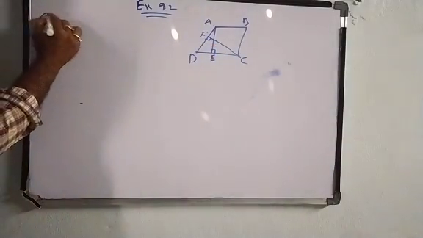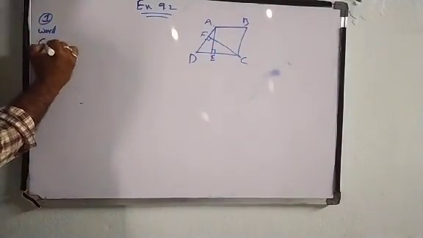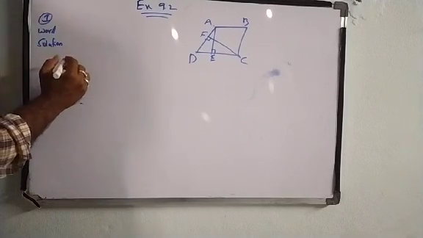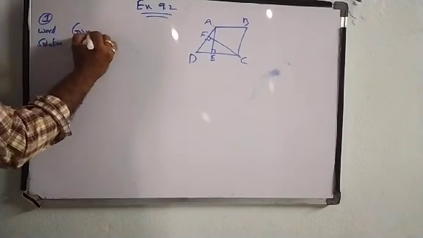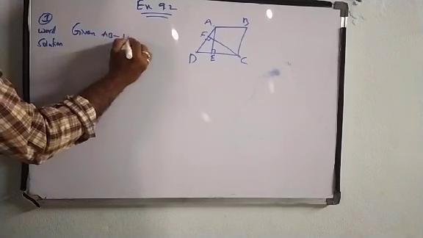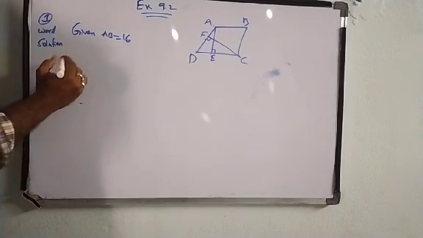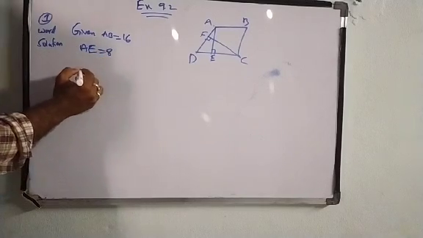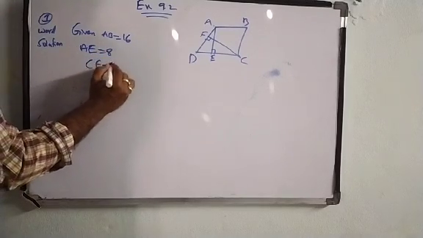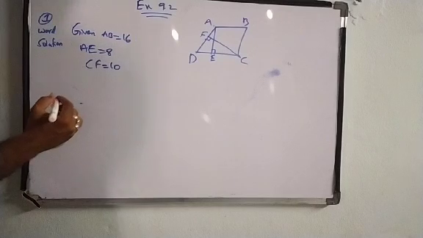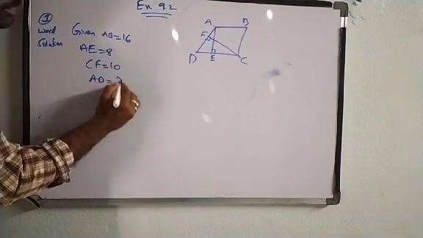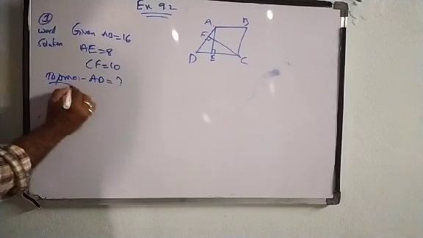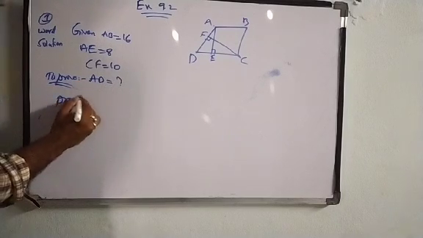So first one, the solution. Given AB is 16, AE is 8 centimeters and CF is 10, we need to find out the AD length. So AD will be what we need to find. Okay, let us start the proof.